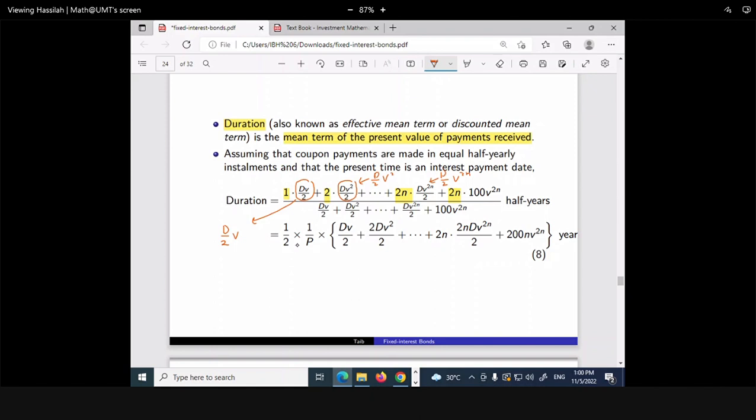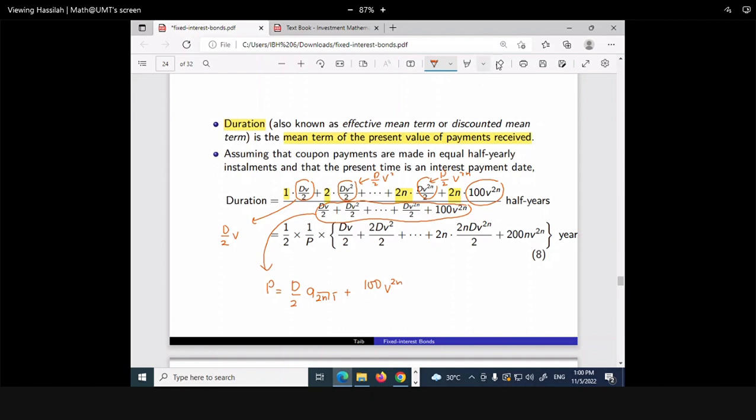Okay, so yang saya bulatkan oren-oren ni, ini semua adalah dalam you punya timeline tadi. Ni nilai ini adalah P. Yang you simplify tadi sebagai D per 2 A 2NI, tambah dengan 100 V2N.